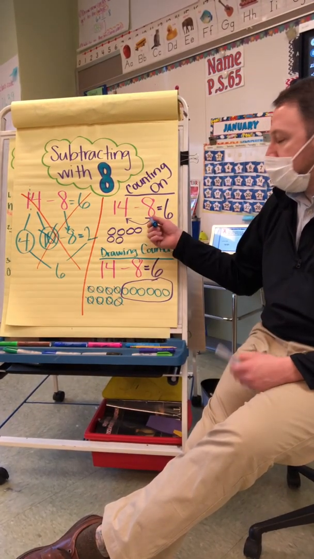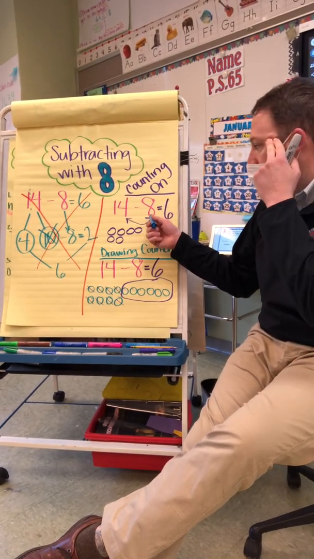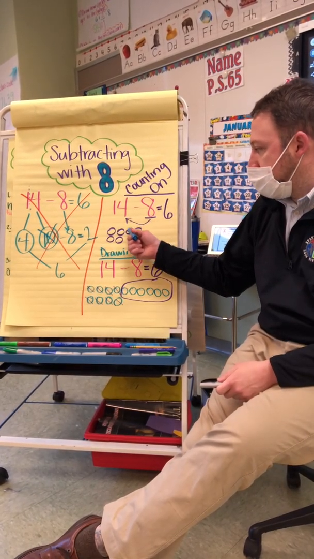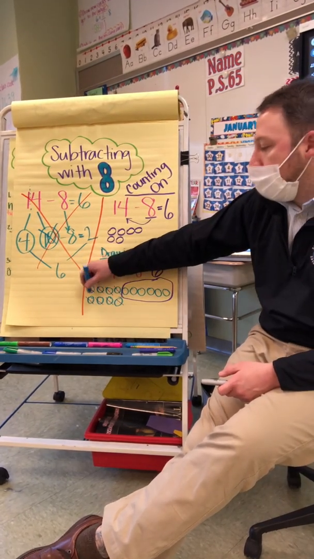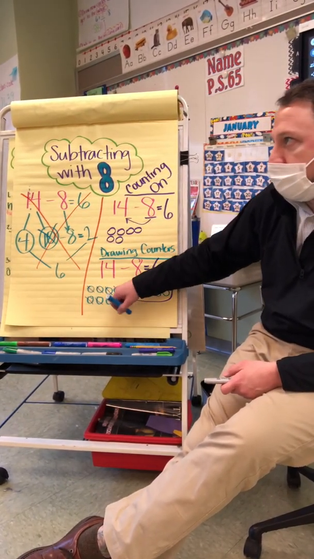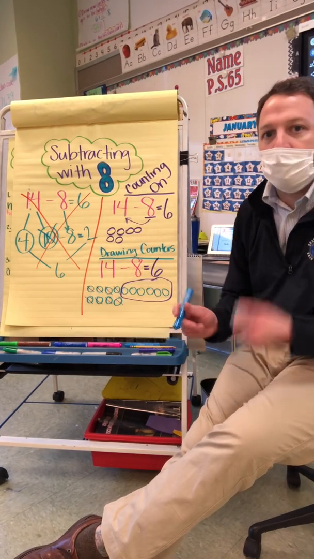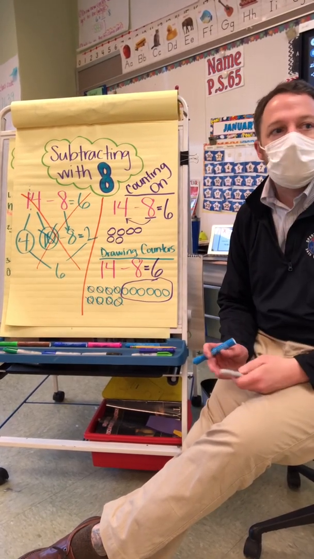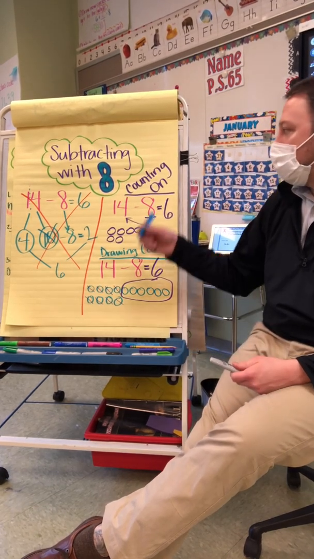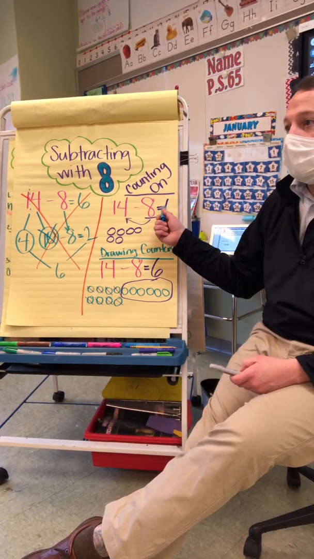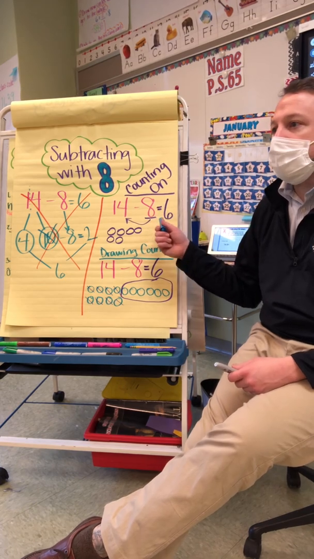Is it easier to just say, oh, I can put 8 in my head, draw 9, 10, 11, 12, 13, 14? Or is it easier to draw 14 counters and then go and cross out 8 of them? Which one takes less time, do you think? Which one? Sandy? Yeah, the counting on takes less time.